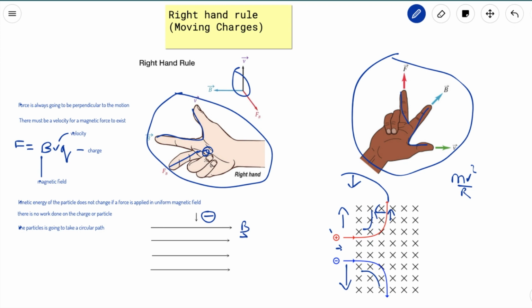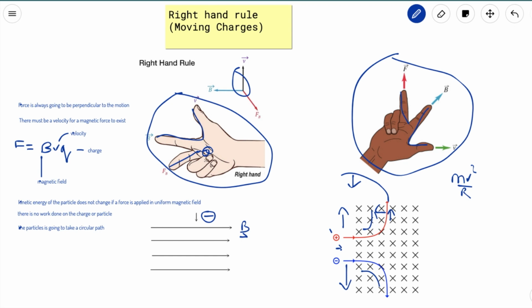So let's do that problem. If you want to pause the video and do it, go ahead. It's a negative charge, right? So we're going to use our left hand, and it's moving down. So we point our thumb down. Our next finger is the direction of the magnetic field, which is actually going to the right.